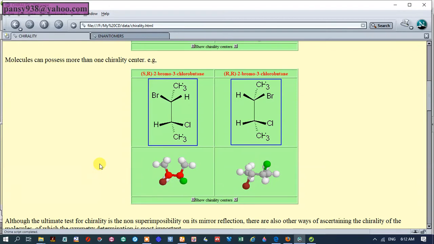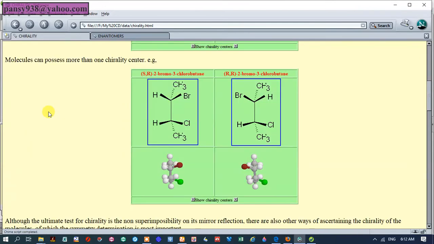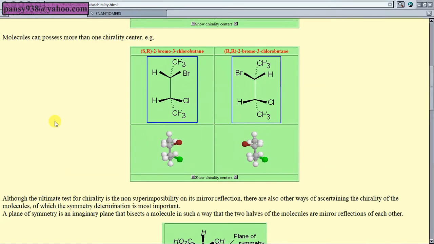So then it needs to be corrected. And now I have corrected both the pictures. You see that in this picture bromine and chlorine are at the same side, and in this picture they are at different ends.